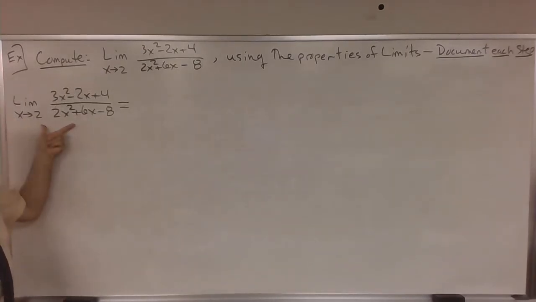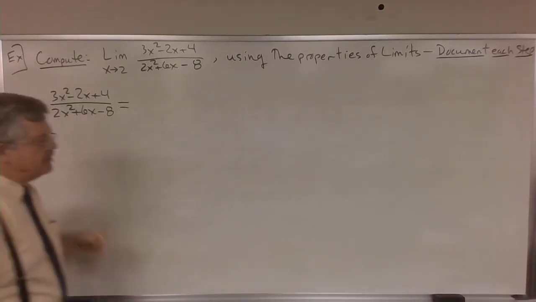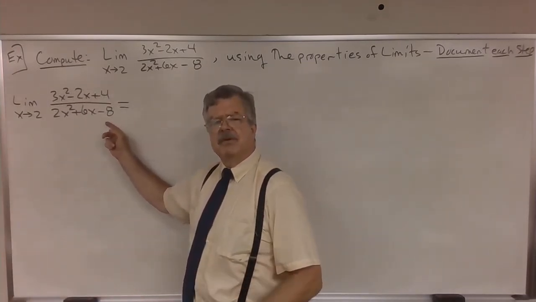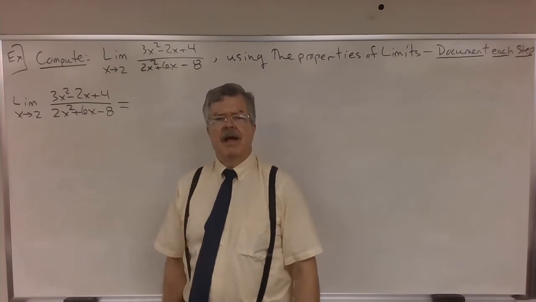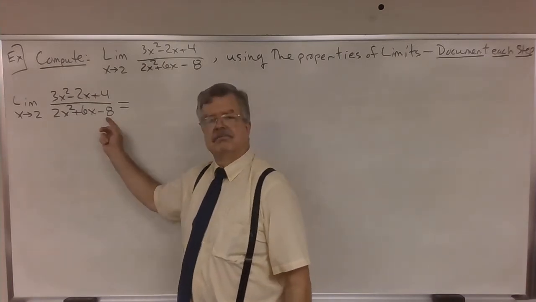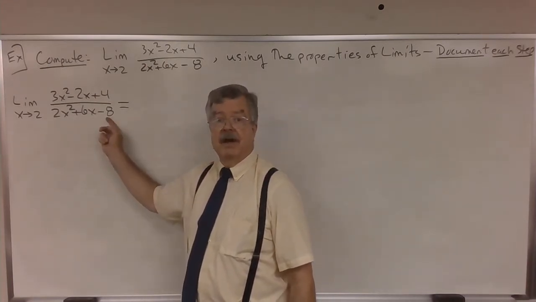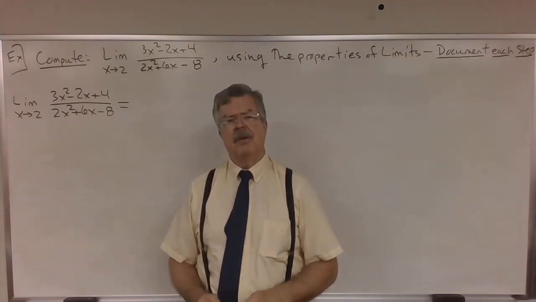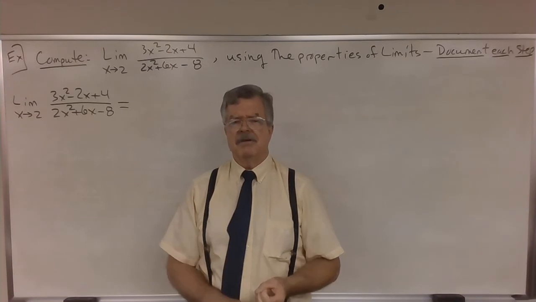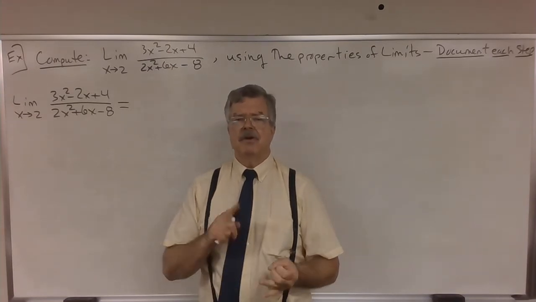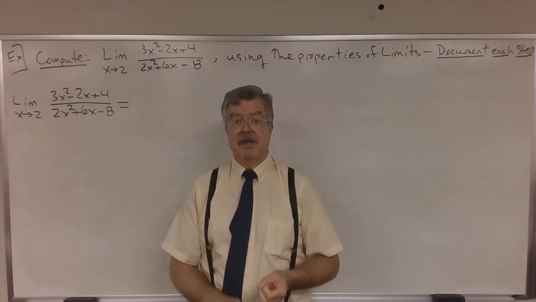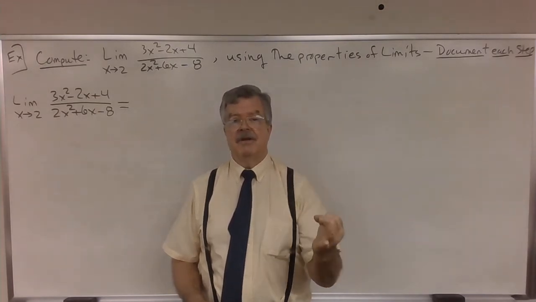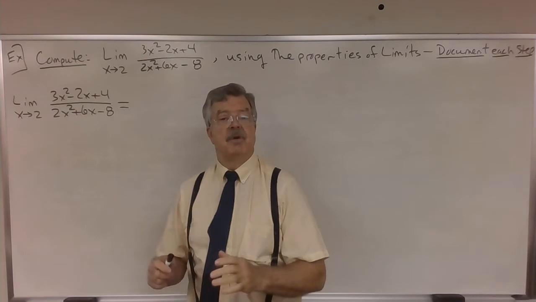In the most general sense, what kind of algebraic expression are we computing the limit of here? Isn't this the limit of a quotient, right? And we have the property, I think it was number 4, the limit of a quotient equals the quotient of the two limits. So we can compute the limit of the numerator and the limit of the denominator and just put one over the other.